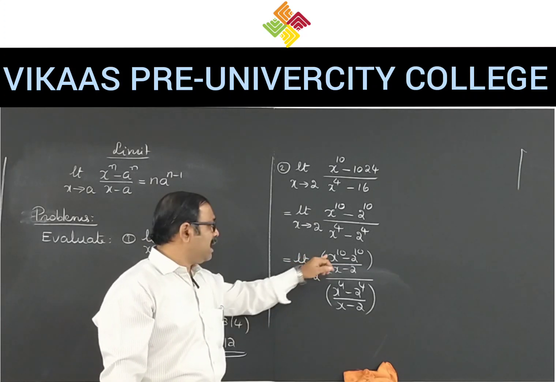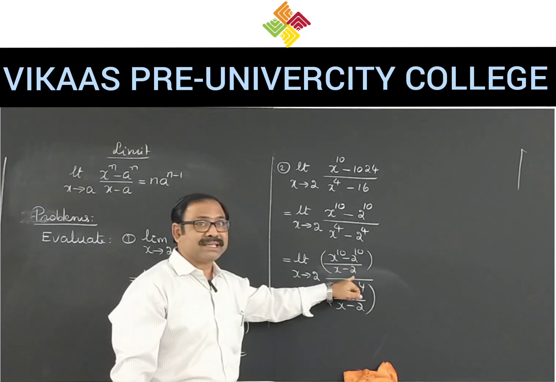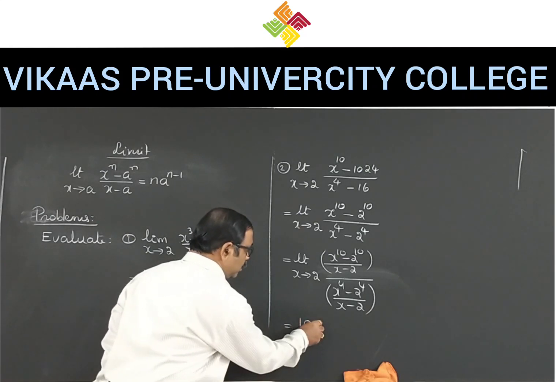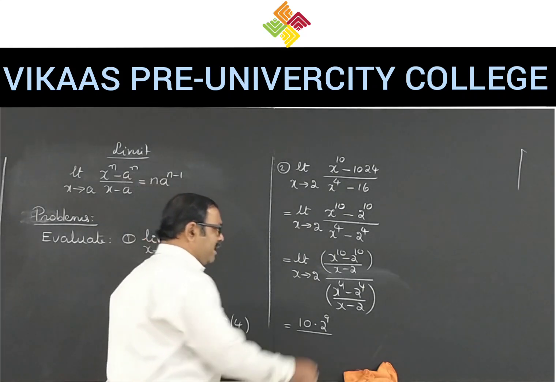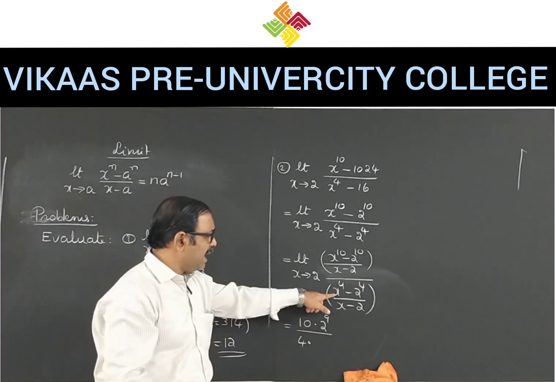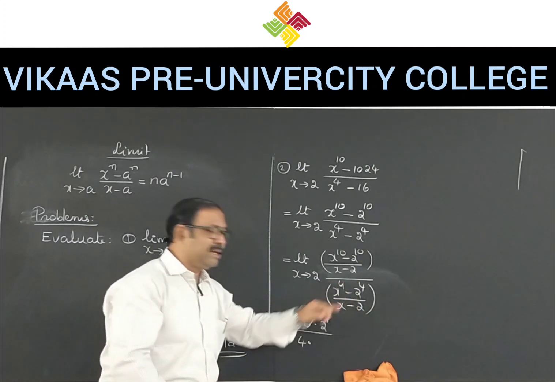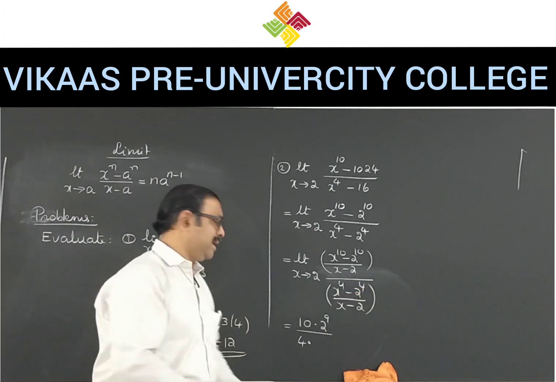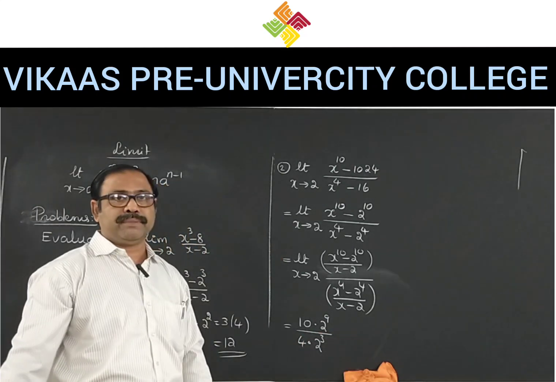It is of the form x tending to a, (x power n minus a power n) by (x minus a). So that is 10 into 2 to the power 9, divided by 4 into 2 power 4 minus 1, since it is n into a power n minus 1.